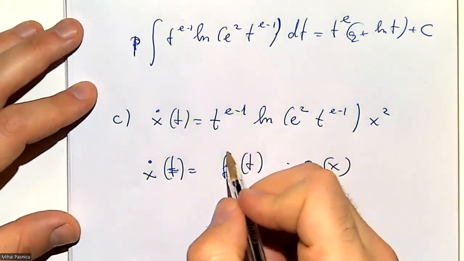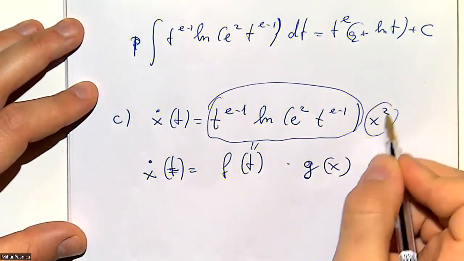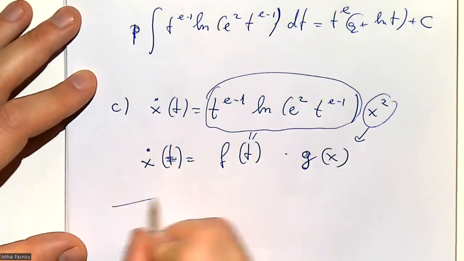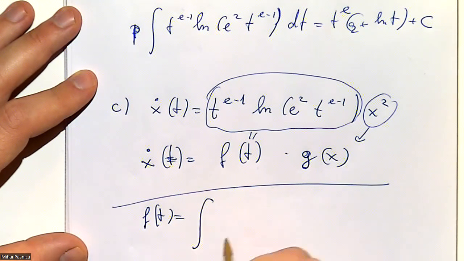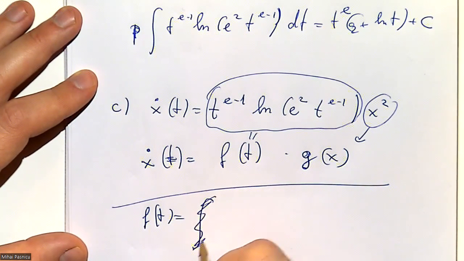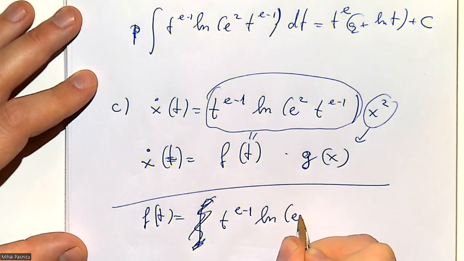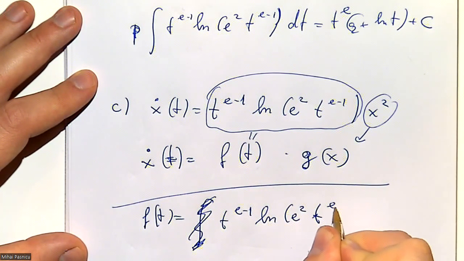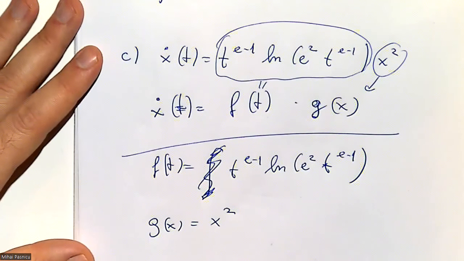We identify this being equal to this, and this being equal to this. So f of t is t e minus 1, ln e squared, e minus 1, and g of x is equal to x squared.